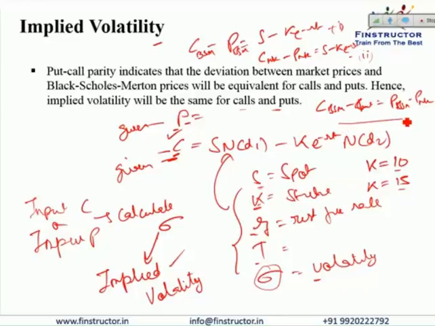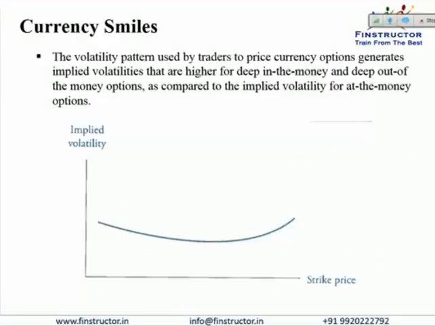Again, you don't need to go deep into what this is saying. It basically is saying what we just understood intuitively also, that the implied volatility should theoretically come out to be the same whether you derive it from the price of a call option or from the price of a put option. However, many a times we've seen in the real world that the implied volatility, when we calculate from the prices of options, does not come out to be constant across maturities and across strike prices.